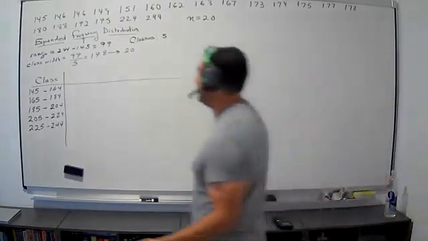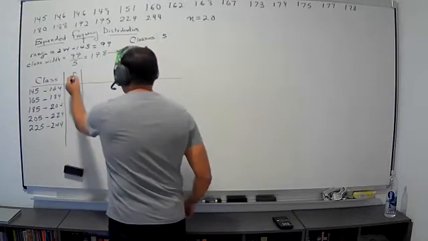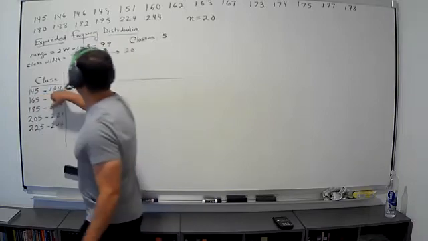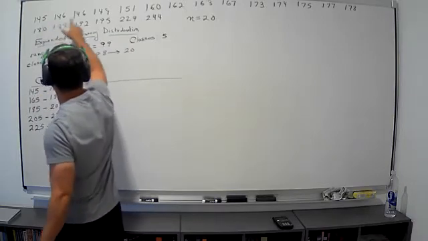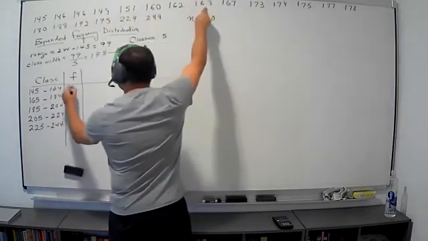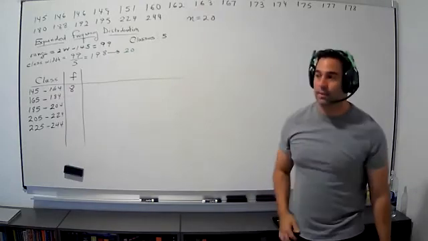The next thing is we find our frequencies. So how do we get our frequencies? The interval 145 to 164, we count 1, 2, 3, 4, 5, 6, 7, 8. There are 8 such numbers that fit that interval.